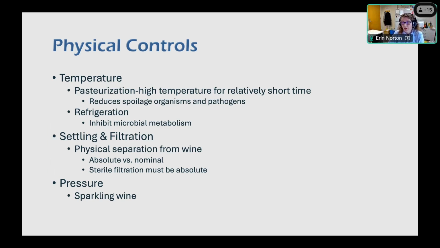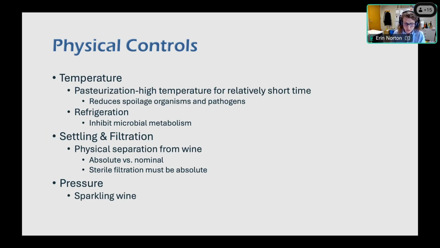Meaning that if you have a nominal sheet and it says that it's 0.45 micron, that means that the average size of the pores is 0.45 micron, not every single pore. Some are going to be probably a little bit smaller, some are going to be a little bit bigger. So yeast could pass through those larger pores. So please know the difference between absolute and nominal.